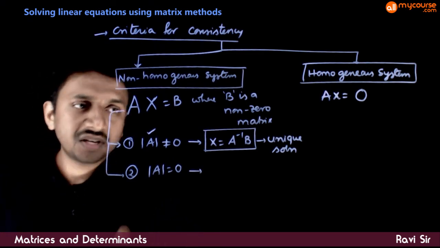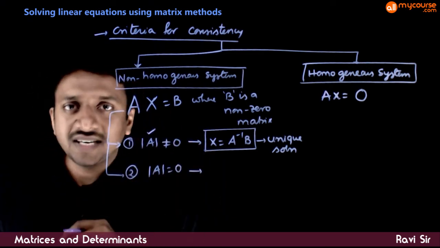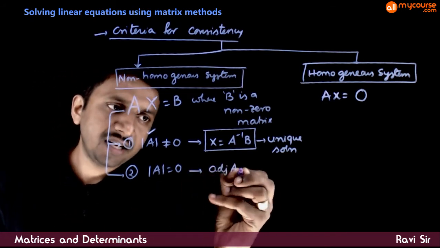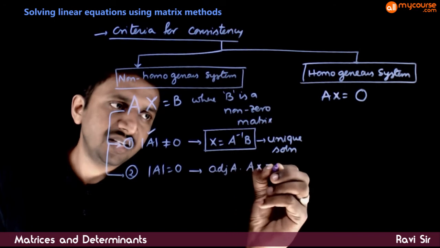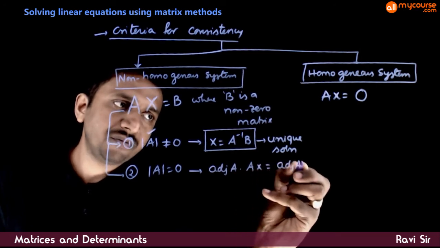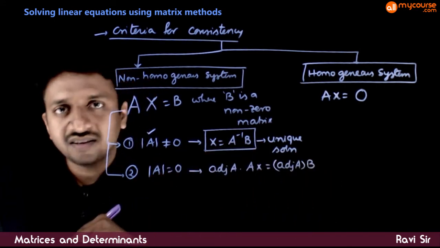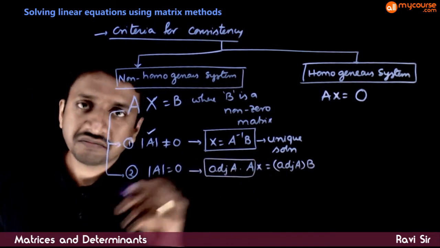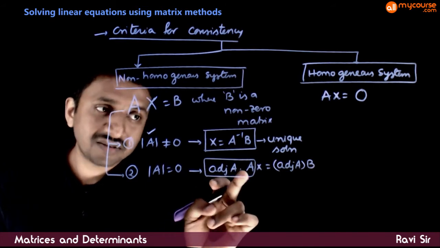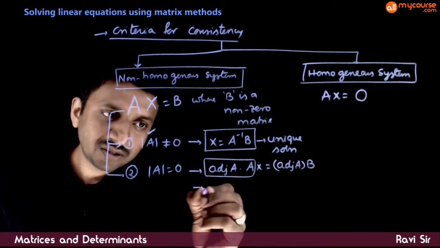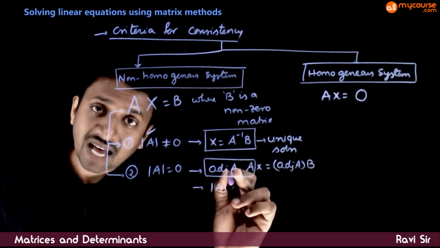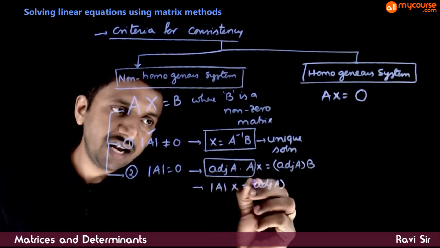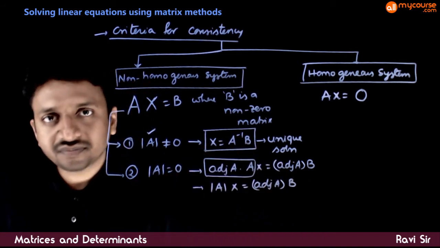But what I do is, I'll multiply both sides with adjoint of A. So adjoint of A times AX is equal to adjoint of A times B. What is adjoint of A times A? It is det A times I, right? So det A times I into X is X is equal to adjoint of A times B.